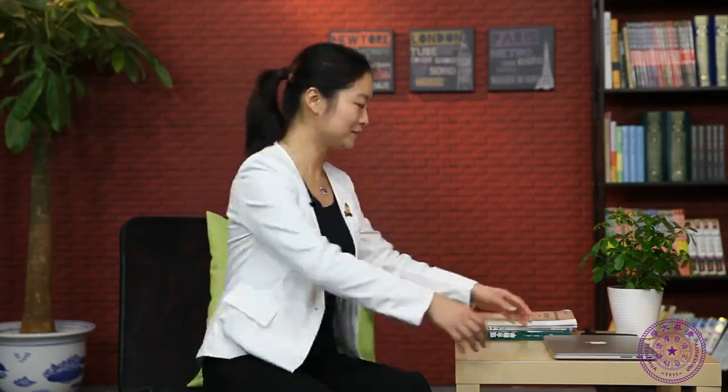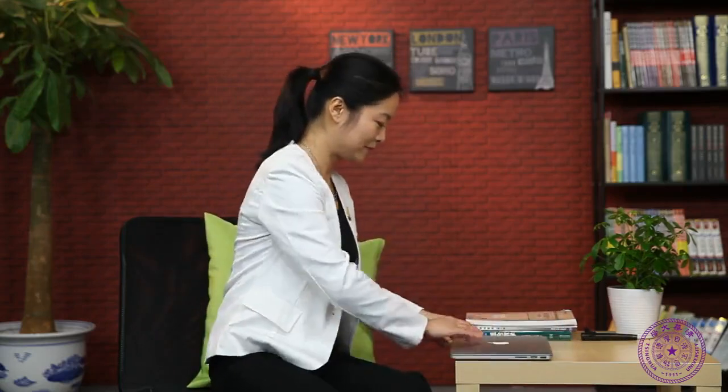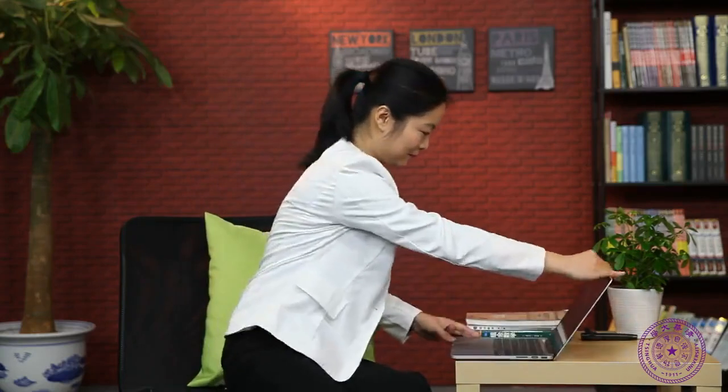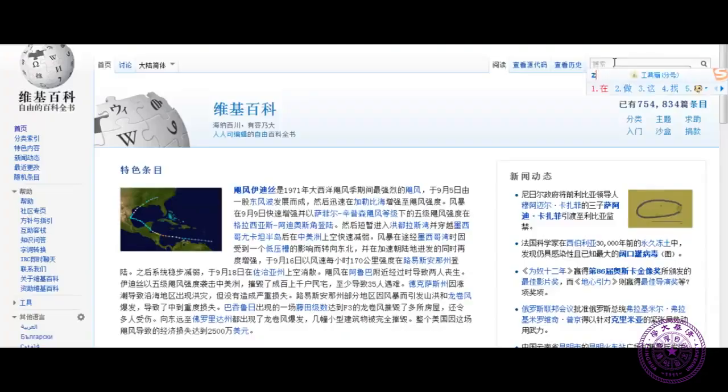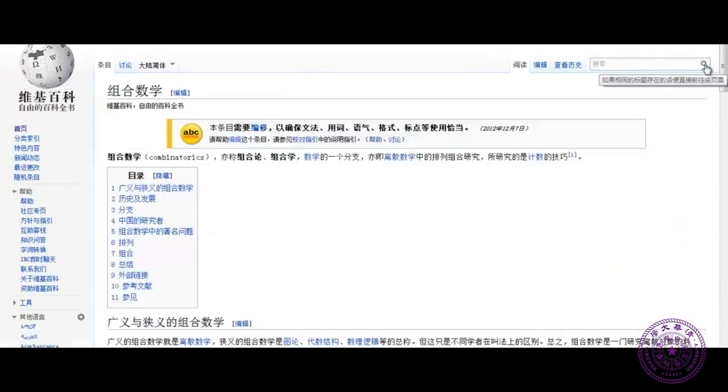We might not have heard of combinatorics before, so if we want to find out what it is, let's go online to have a look. We can find the entry for combinatorics on Wikipedia.